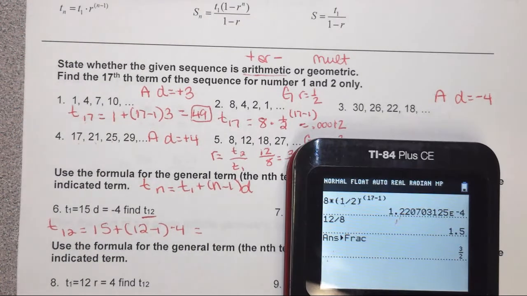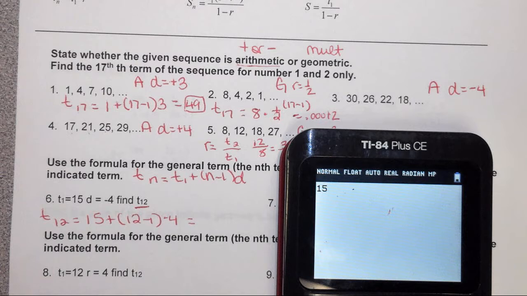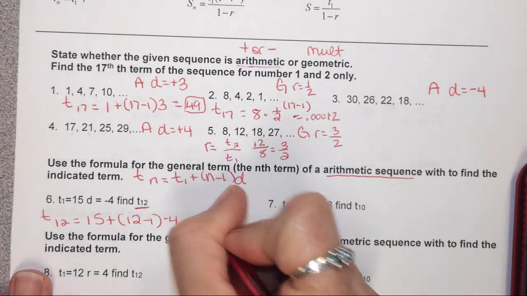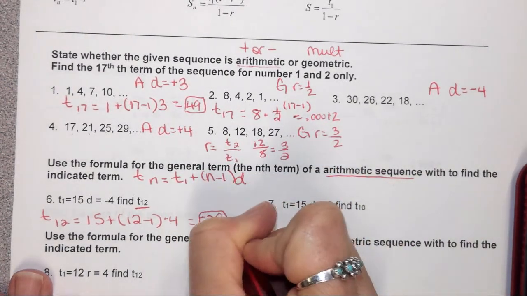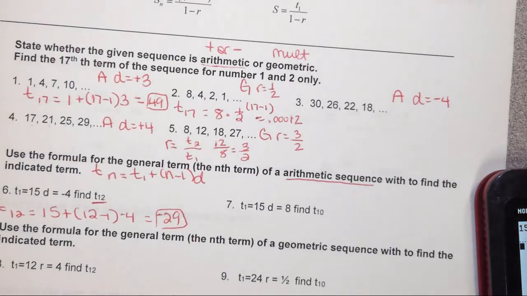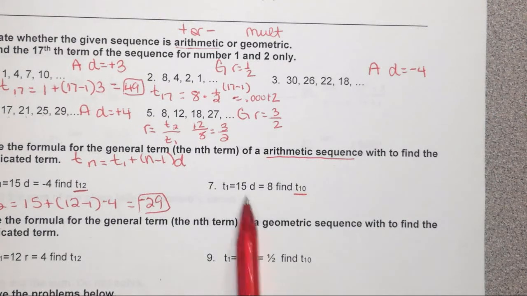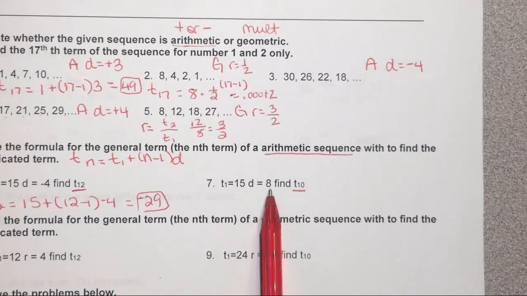I'm looking for the 12th term, and I'm going to multiply it by -4. So type that in my calculator. So it's 15 plus 12 minus 1 times -4. And we get -29. Okay, number 7. On number 7, they're asking you to find the 10th term. And again, they give me the first term, and they give me the common difference.